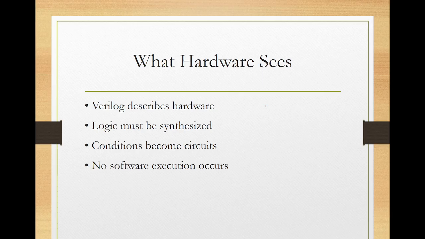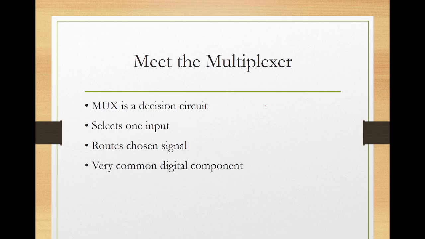And hardware cannot execute instructions. It must physically exist. So the tool asks what circuit can perform this decision. The answer is multiplexer. A multiplexer is a decision circuit, one of the most important digital components ever created.